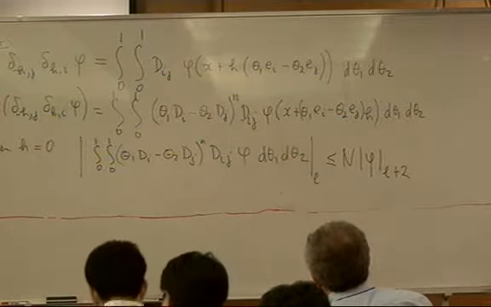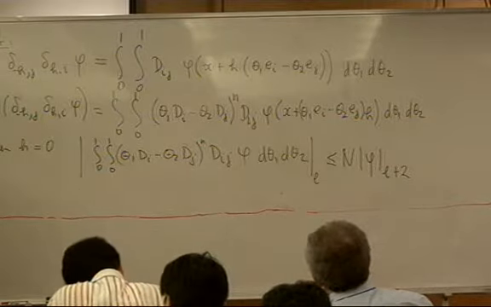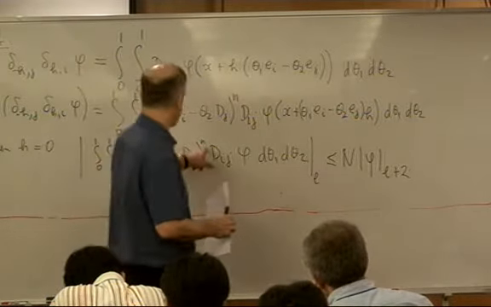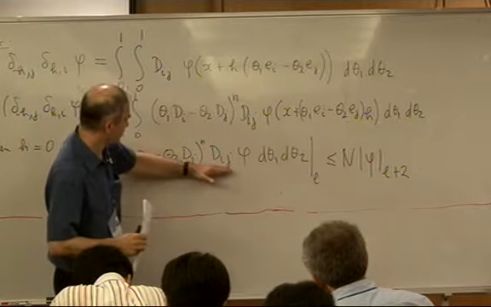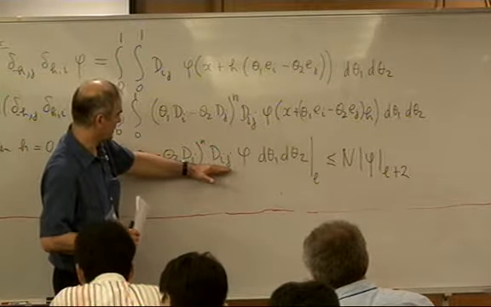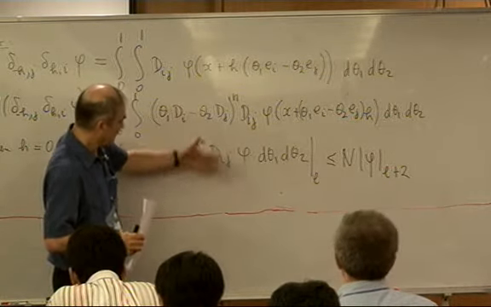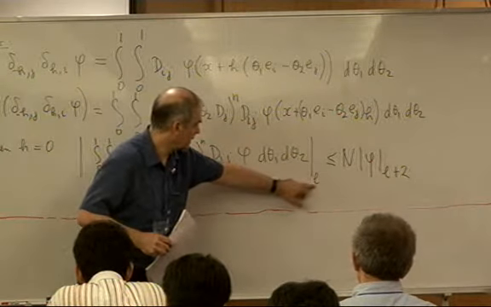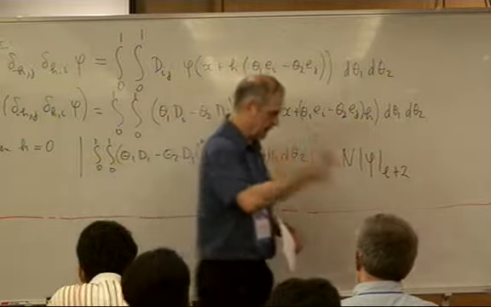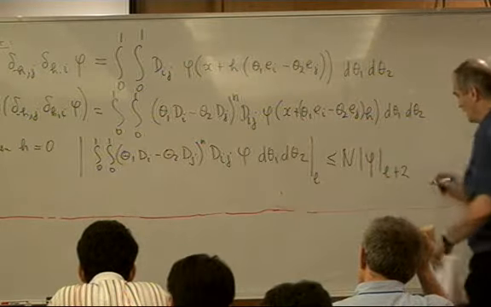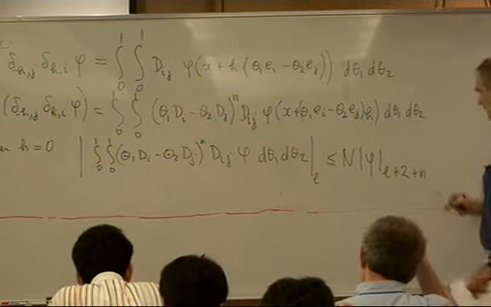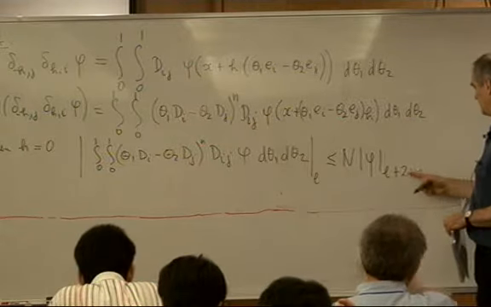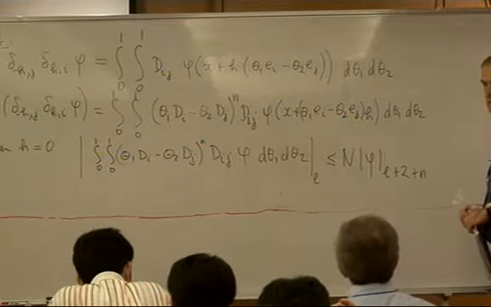The order of derivatives is n plus 2. I took an extra L, and then plus, so n plus 2 plus n. Right? This is how.